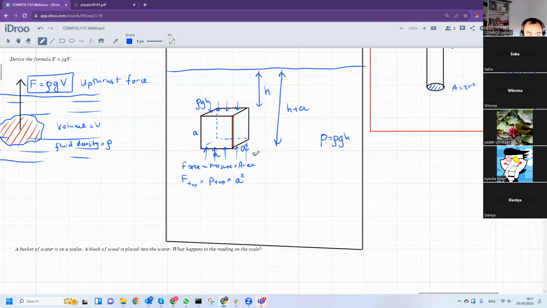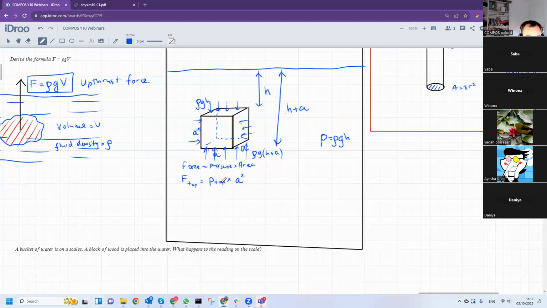On the bottom, the pressure is rho g (h plus A). Yes, because it's deeper. The bottom of the box is deeper, therefore there's a bigger pressure pushing it up. Now there's some pressure pushing on the sides, but it's equal in both directions. It's equal from the front and the back, from the left and the right. So these forces cancel out.